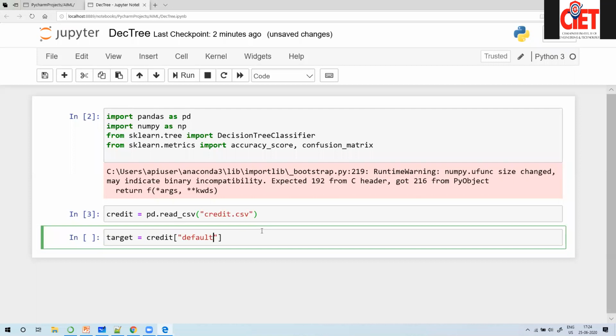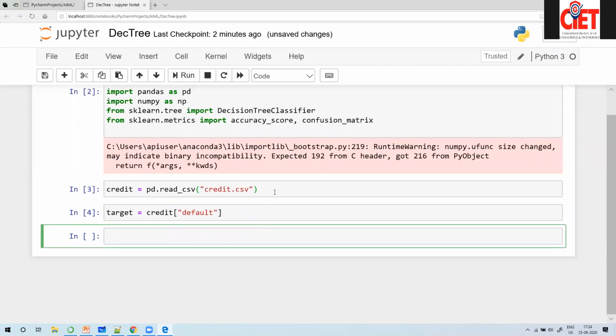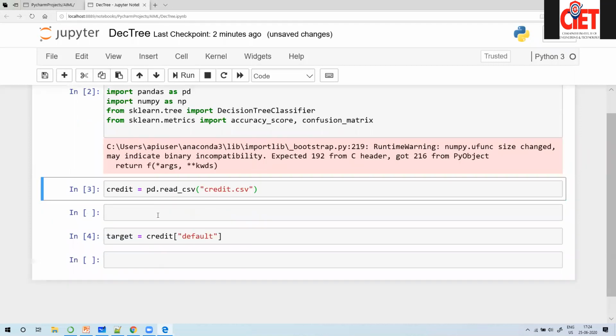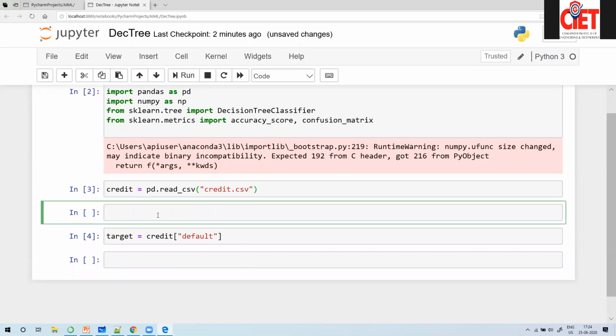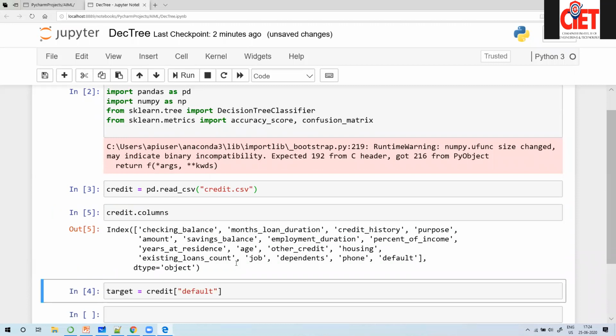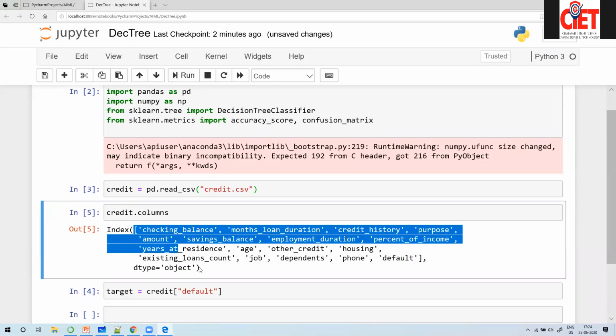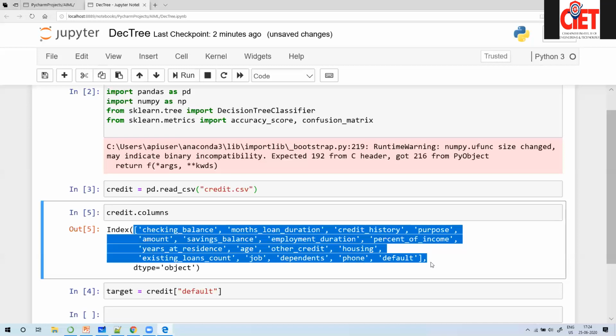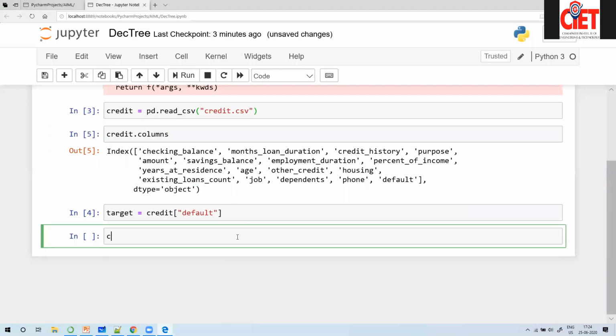Default. Okay. And the rest of the columns should go into input variables. credit.columns. Let's put all of this into input_cols.